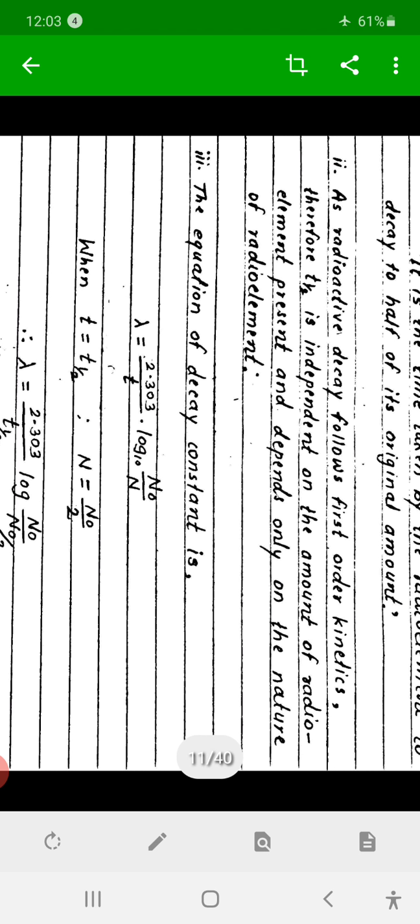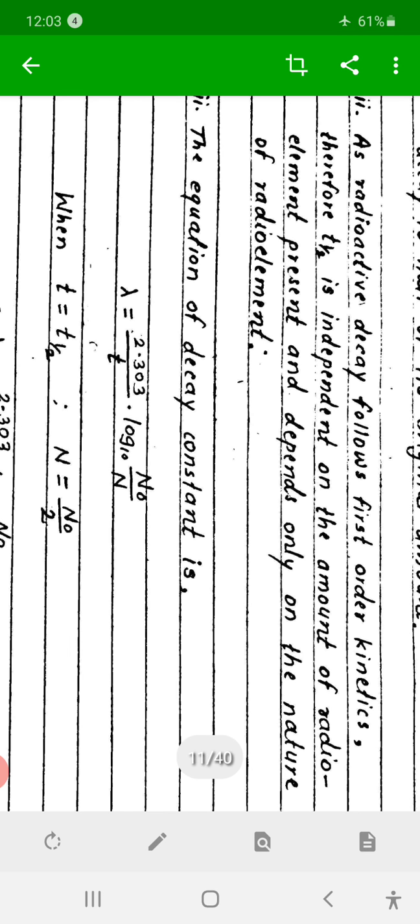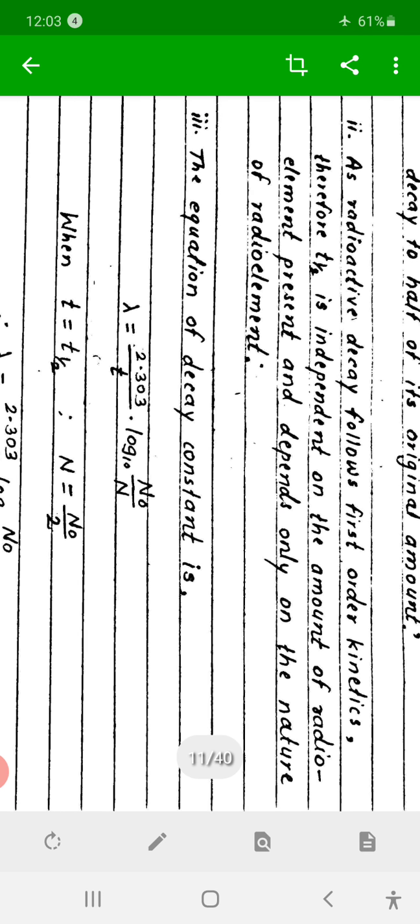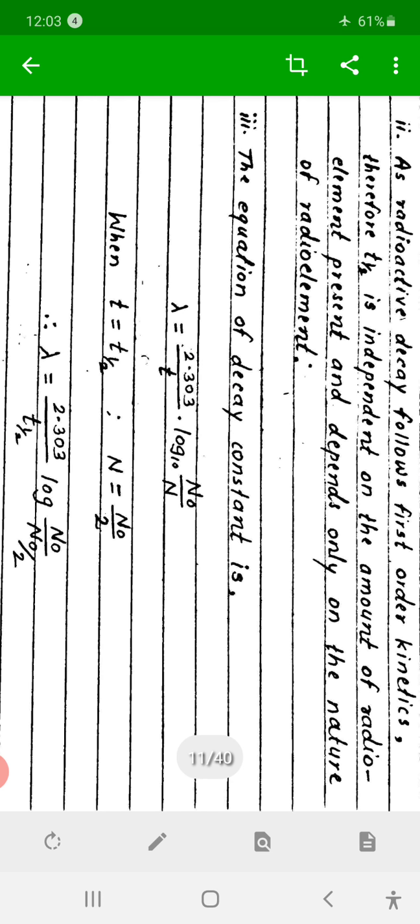It only depends on the nature, the type, of that radioactive element.